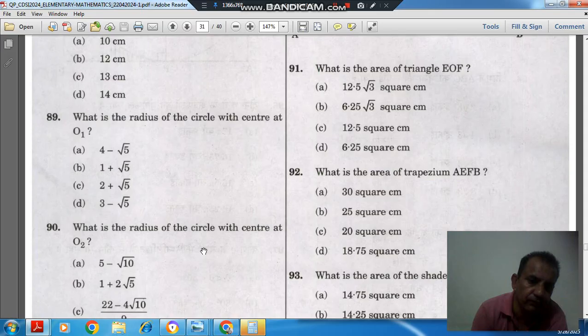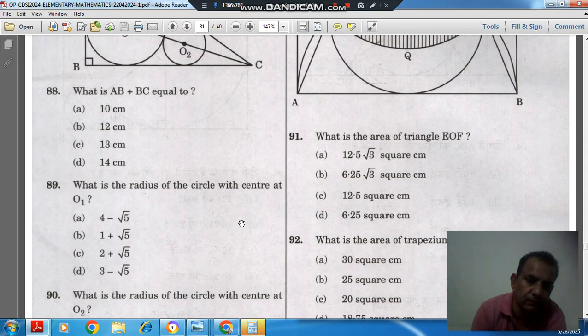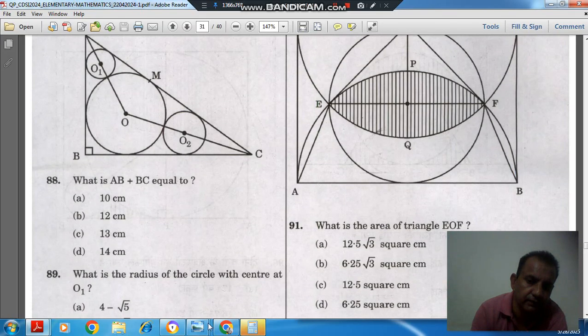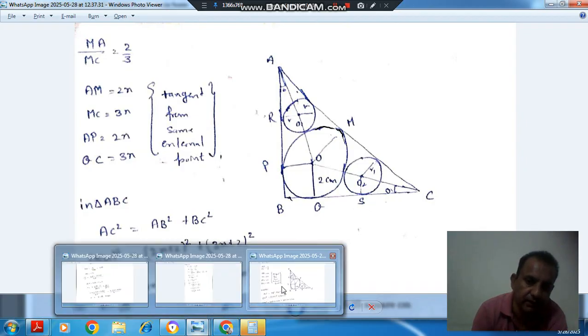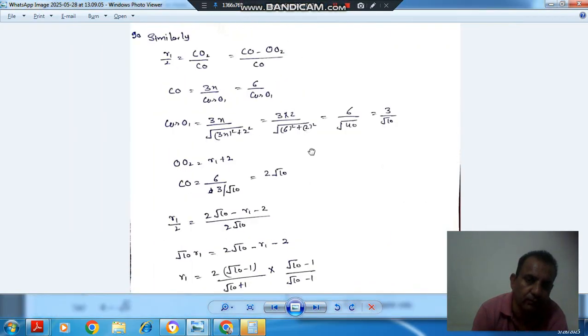Now the next question is, what is the radius of the circle with center O2? Again we'll follow a similar procedure. We'll take triangles COQ and CO2 as these are similar triangles, and we'll apply the rule of similarity, that is R1 by 2 will be equal to CO2 by CO. In the previous question it was AO, now it is CO, and r is replaced by R1.